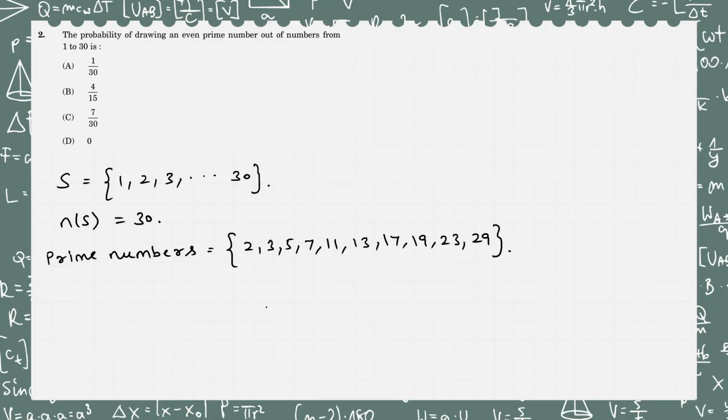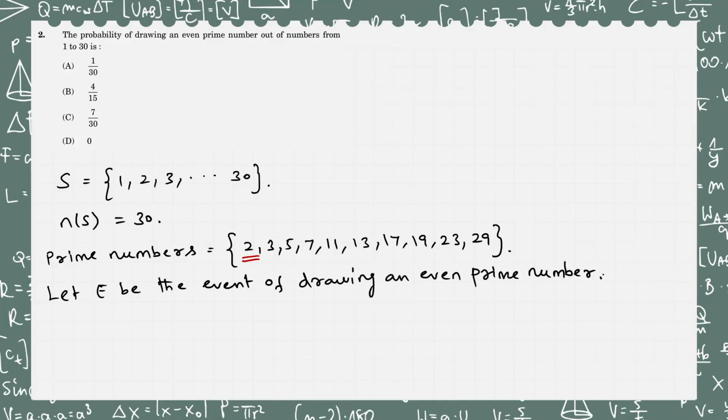So these are the list of prime numbers from 1 to 30. Of course, you guys know that. And among all these prime numbers, 2 is the only prime number which is even. So let E be the event of drawing an even prime number from 1 to 30. So the favorable outcomes for our E will be just this 2 only.